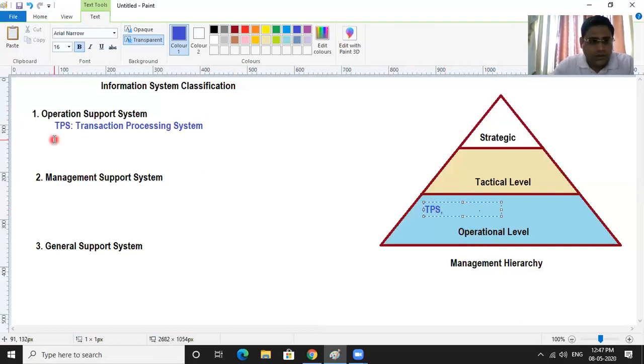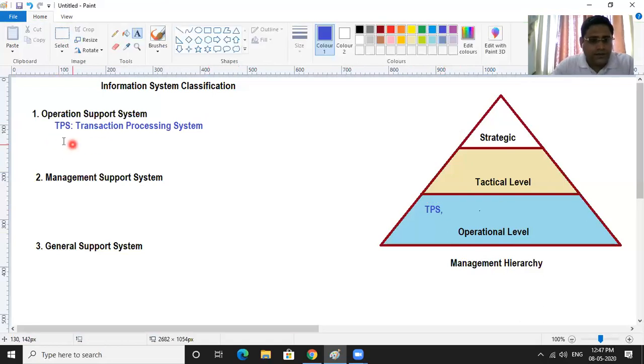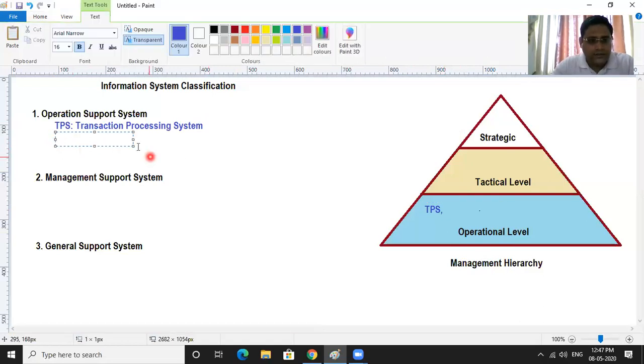Now the second example of operation support system is the office automation system, short form OAS. In an office we cannot give all the resources to all employees. All employees cannot have a printer, photocopy machine or fax machine.